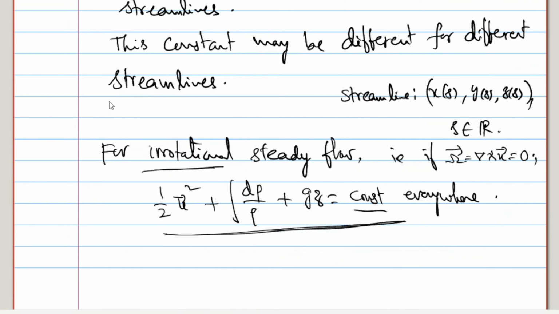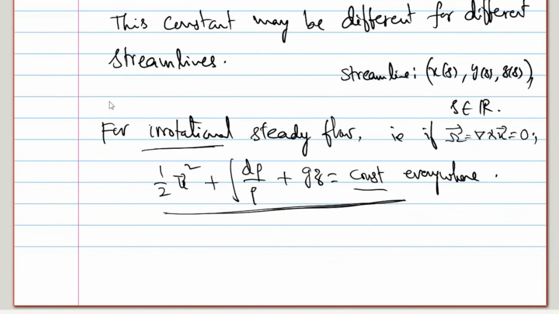Something called the stream function we'll define now. So in the case of three-dimensional flow, let's consider: so far, did we use del dot u equal to 0? We have not, right? How did we derive this Bernoulli equation?